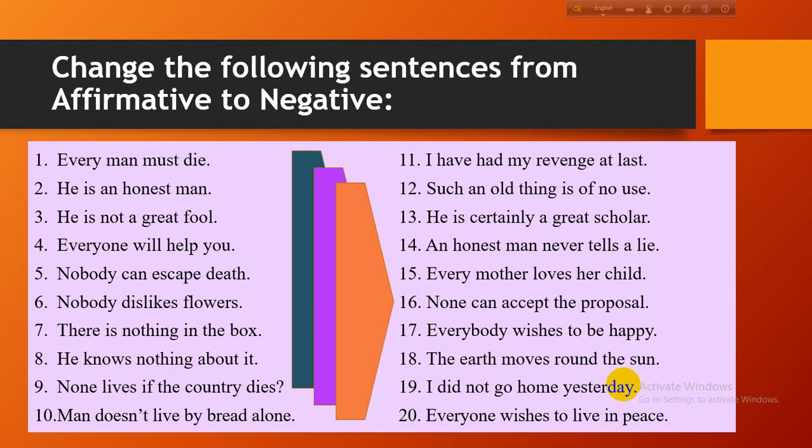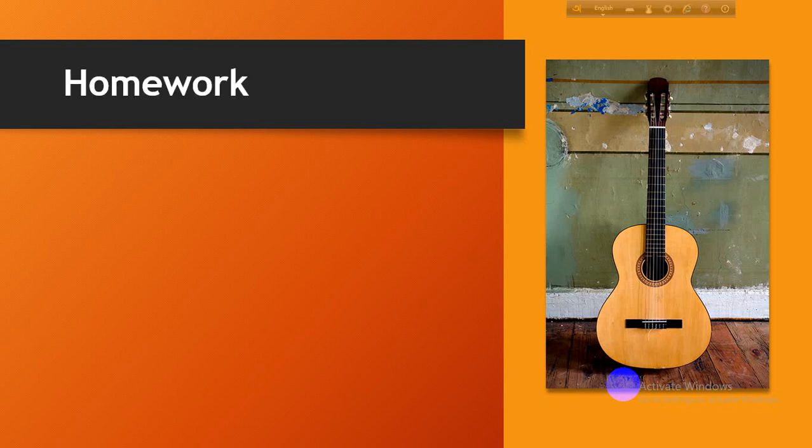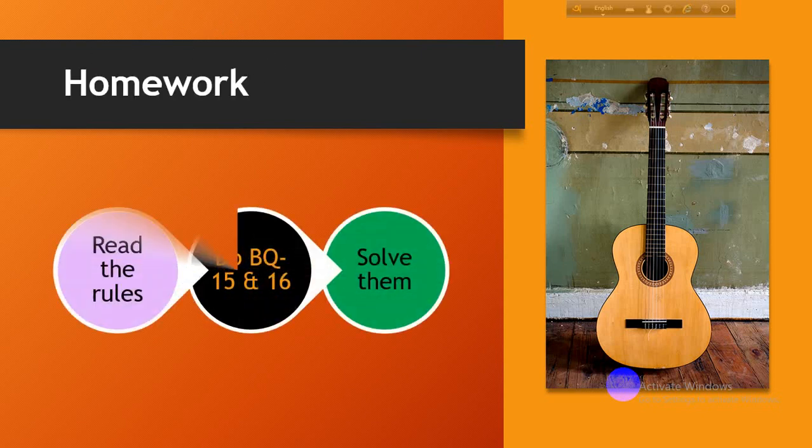Affirmative to negative. So let's come to your homework. There are three homeworks. The first one, you must read the rules again and again.